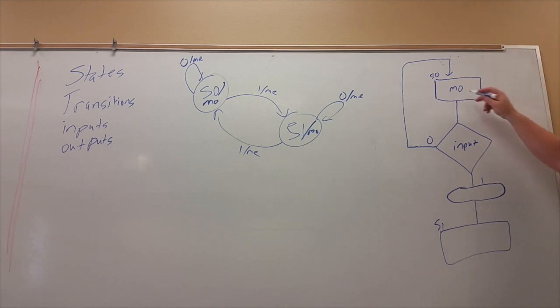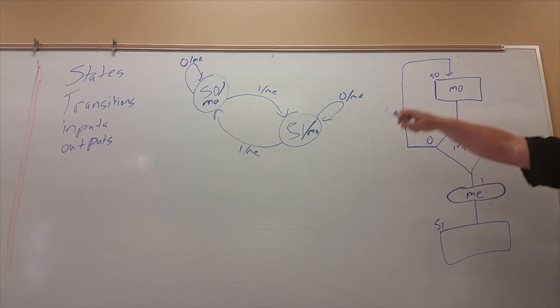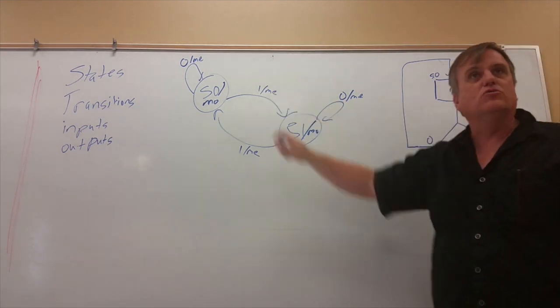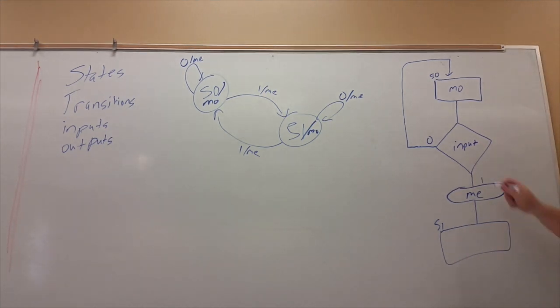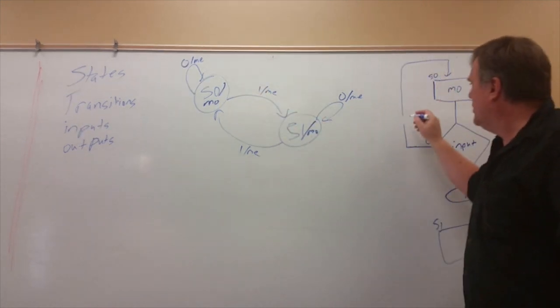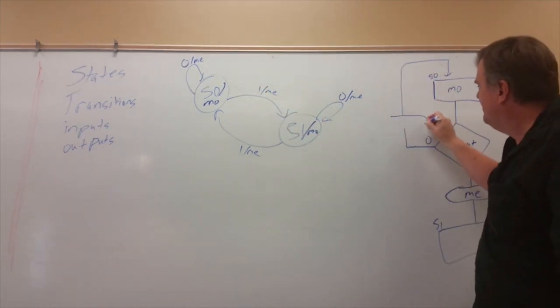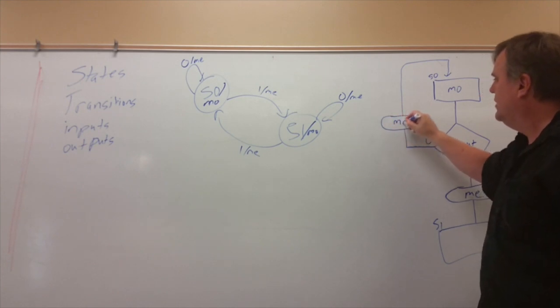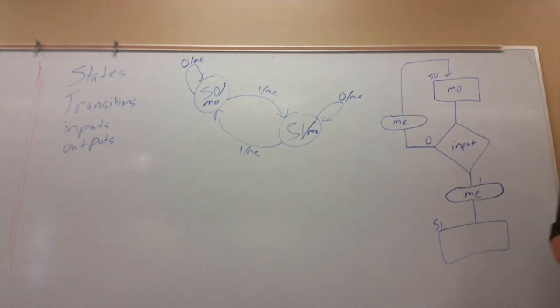So it just means this processing happens after the input. This is where the Mealy output on this 1 goes. 1's Mealy output. 0's Mealy output would go right in here. Whatever its Mealy output was for 0. Does that make sense?